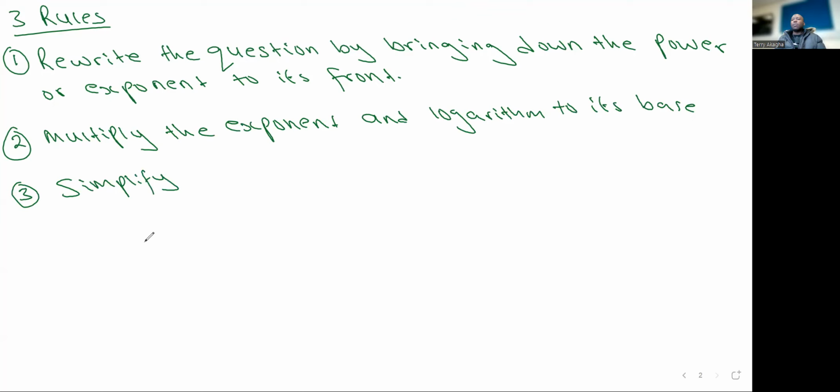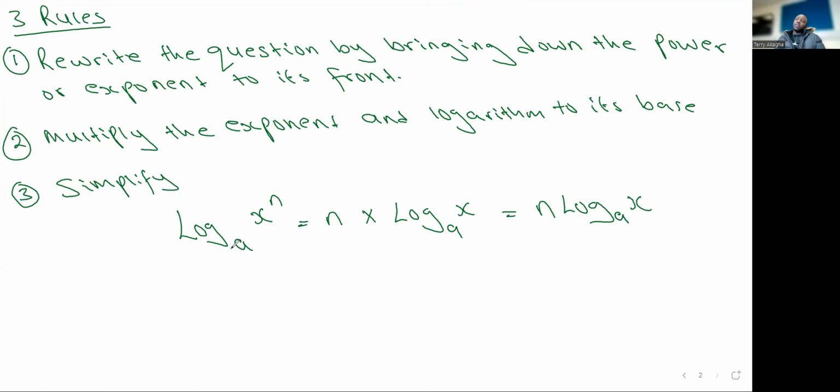So basically what I'm saying is that if you have log a x to the power n, you bring this down and that will give you n multiplied by what? Logarithm x to base what? A. And this will become n log a x. Okay?